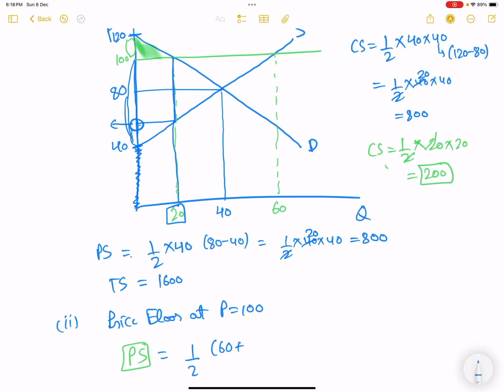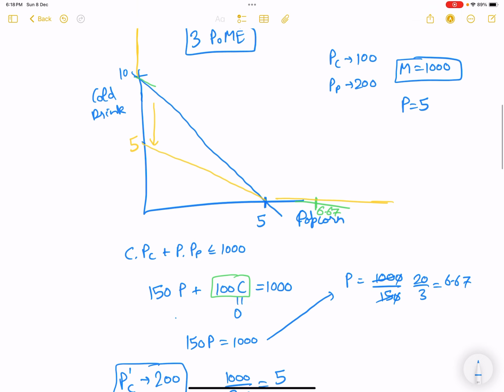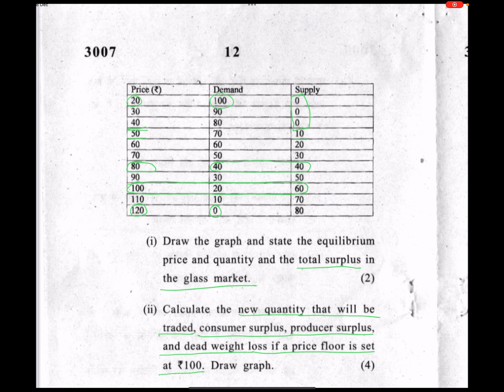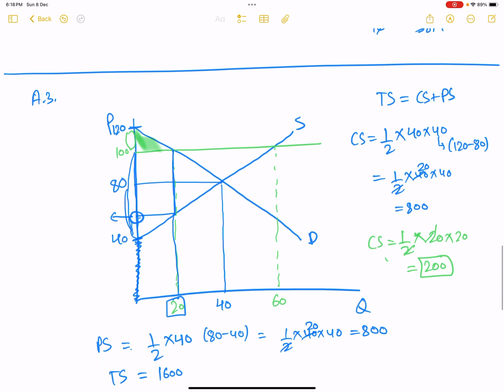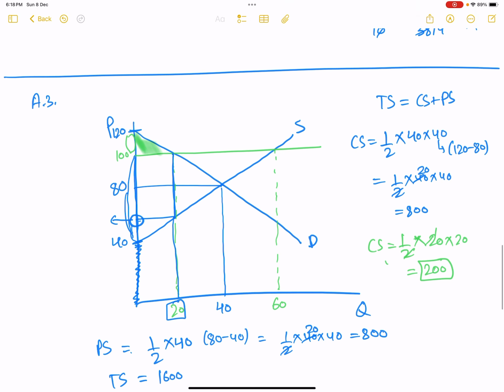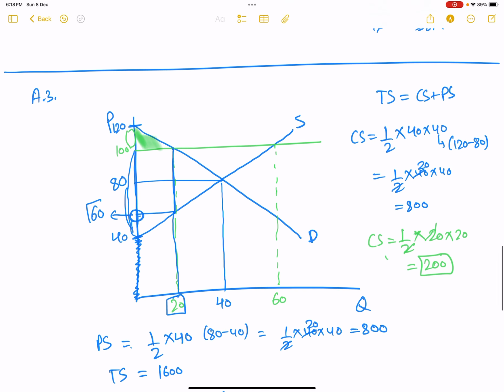This price intersects the supply curve when quantity is 20. Looking at this diagram, quantity supplied is 20 when the price is 60. So this price is 60.